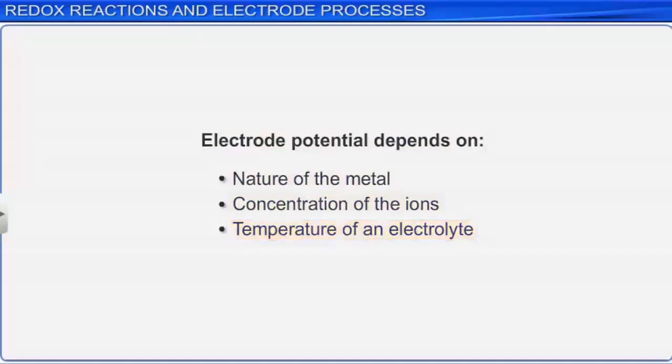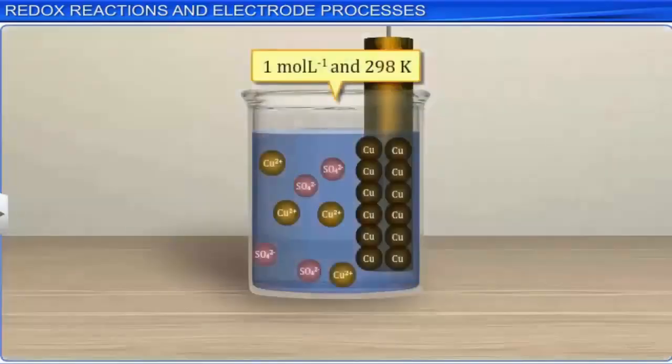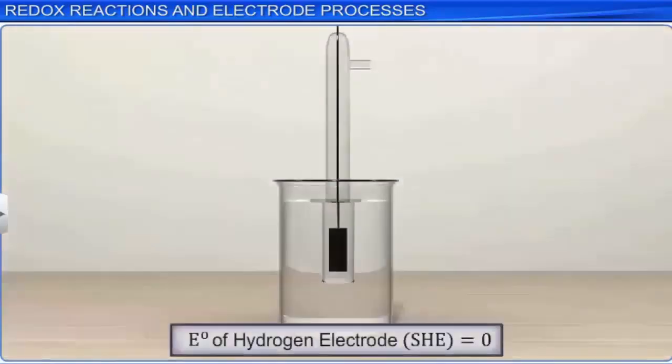If the concentration of each species taking part in the electrode reaction is taken as unity and temperature is taken as 298 Kelvin, then the potential of each electrode is known as the standard electrode potential and is represented as E0. By convention, the standard electrode potential of hydrogen electrode is taken as 0.